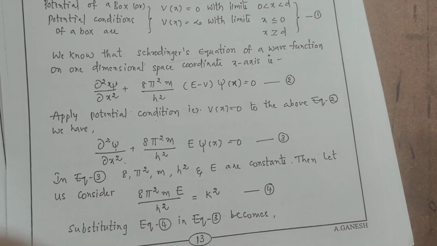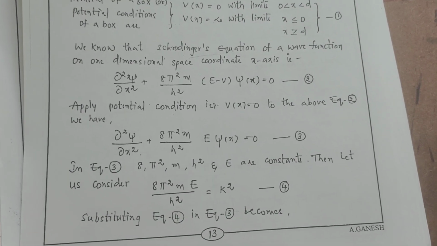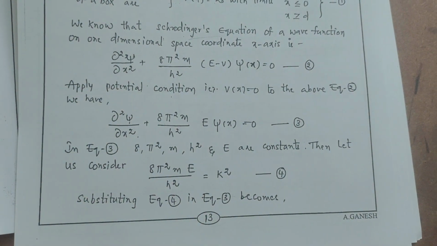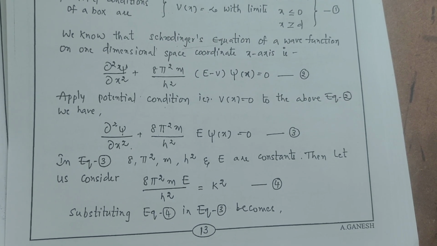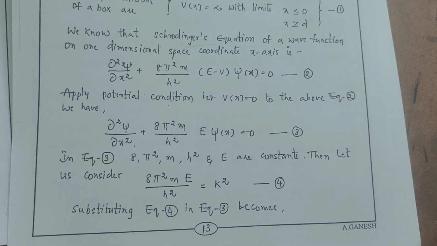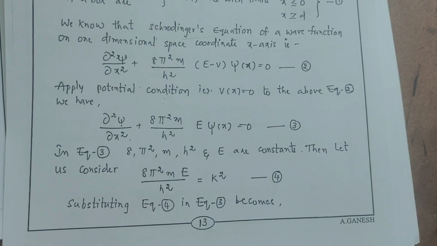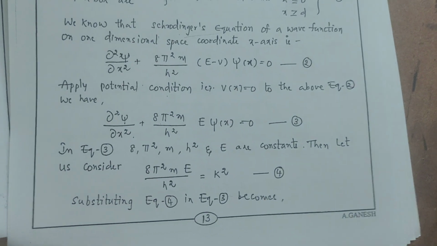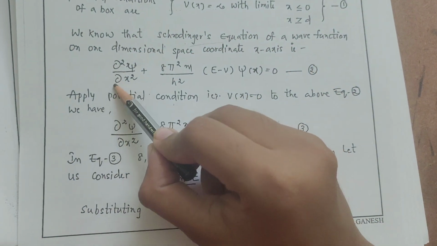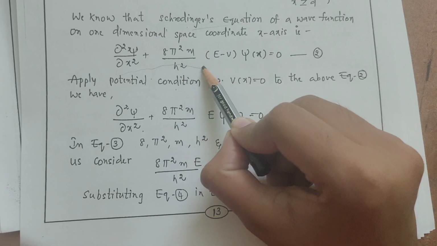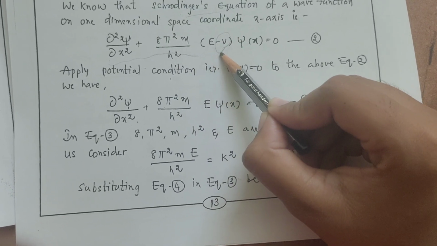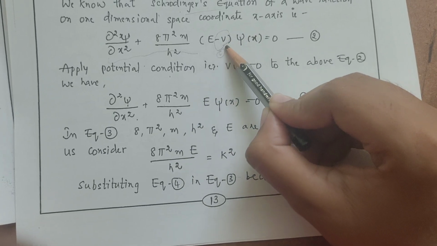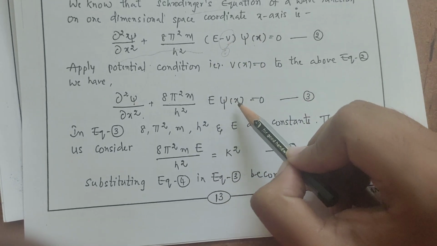If we apply V is equals to 0, then we get E into psi of x from equation 2, and the remaining part will be the same, and here instead of V we keep 0. Then E into psi of x will be here.